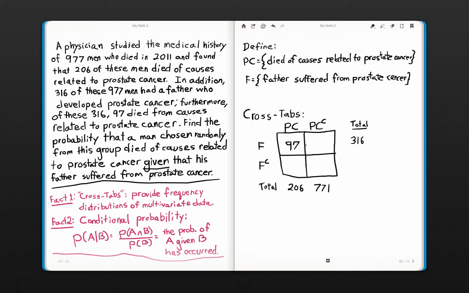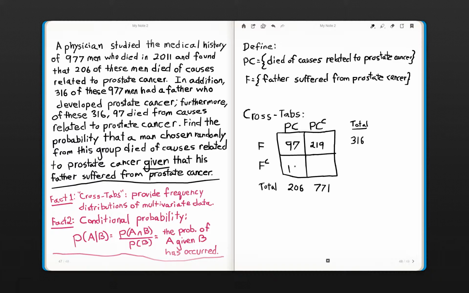And so that implies that 219, the remaining of the 316, did not die of prostate cancer, of those who had a father that did suffer from prostate cancer. So that takes care of that row, and we can finish up the remaining rows by just subtracting the total minus what's given in this cell here.